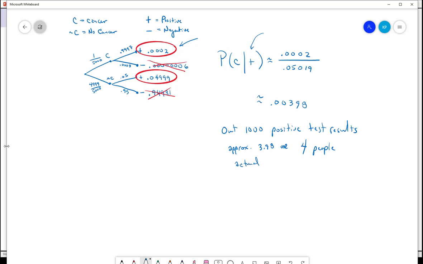So think about that. This test is 99.97% effective, okay? If you have the cancer, 99.97% of the time, it's going to say you have the cancer. But of the 1,000 people who tested positive, actually only 4 people have this cancer.